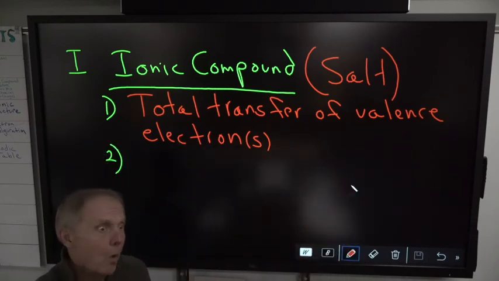We just talked about, well, what holds the positive and negative ions together?